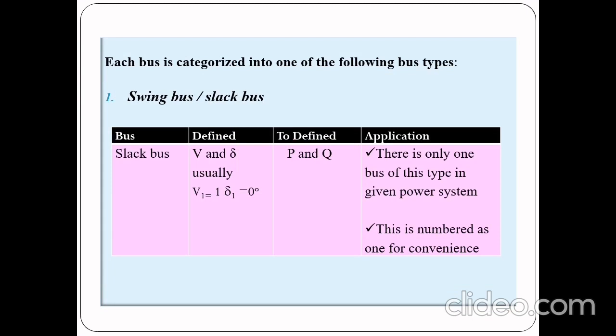So V, delta, P, Q, these are the total quantities, out of which if V and delta, that means the magnitude of voltage, and then delta are given, that is called slack bus. And if V and delta are given, what are the unknowns? Unknowns are nothing but P, Q. P and Q are unknowns.